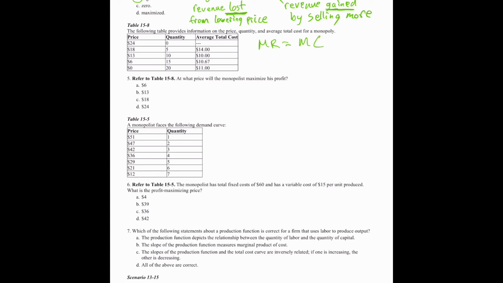So then we actually have to do a bit of work here. We have to find the total revenues for each of these at the price, and then we have to find the marginal costs. So let me go ahead and delete this.